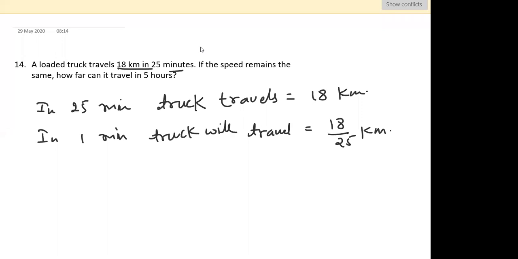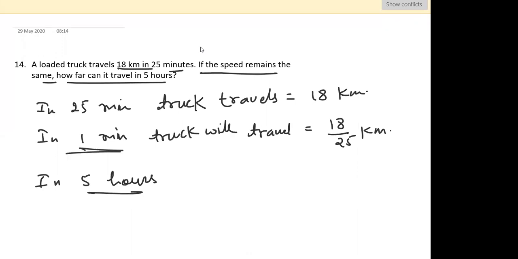So if the speed remains the same, how far does it travel in 5 hours? So in 5 hours, first of all, you have to find how many minutes are there in 5 hours, because here we are doing the question in minutes. In 5 hours, 5 into 60 minutes, means 300 minutes.